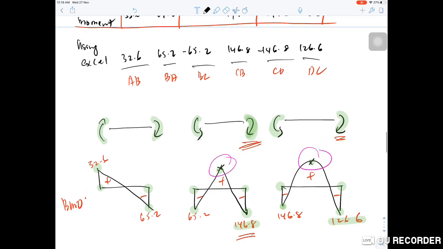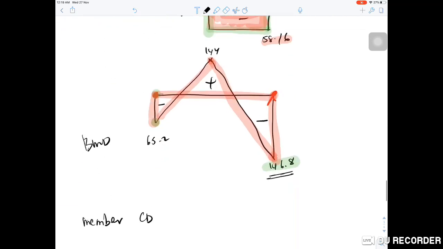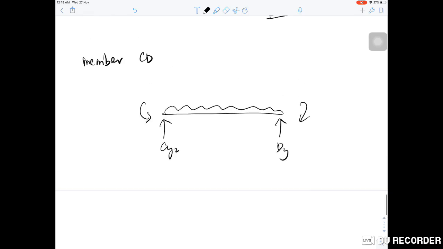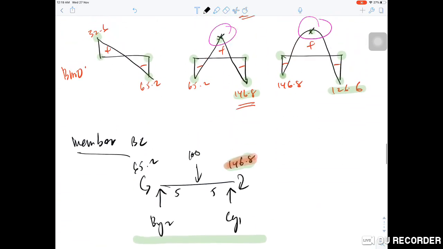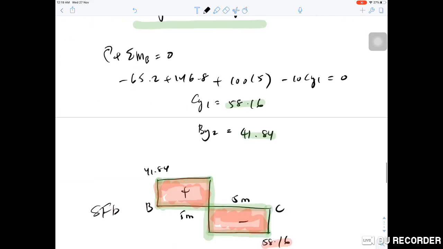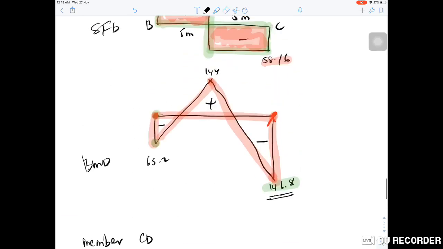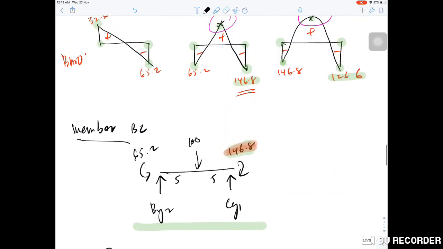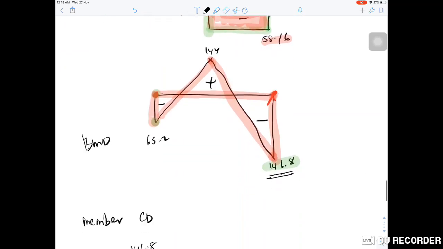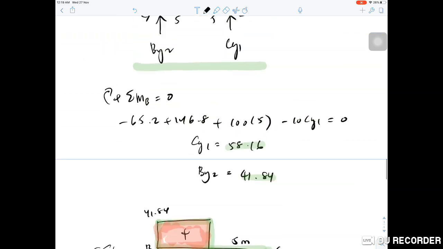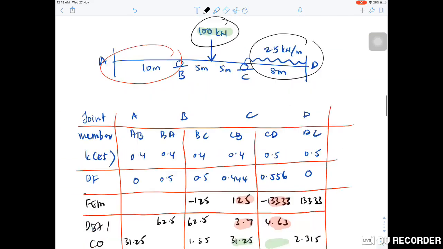The moment is negative and positive: 146.8 and 126.6. Length is 8 meters. UDL is 25.